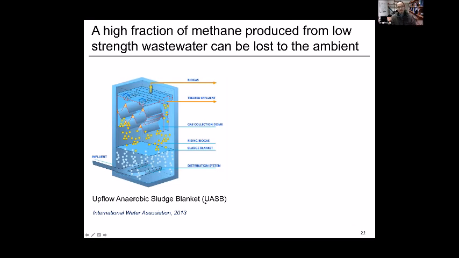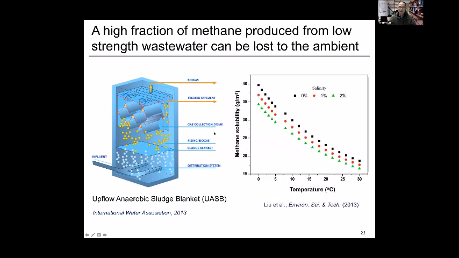In this anaerobic treatment process, typically the biogas containing biomethane is collected in the head space. But as you can see from this graph, when the water temperature is reduced, the methane solubility increases. And typically in this kind of system, the methane is supersaturated in the effluent.